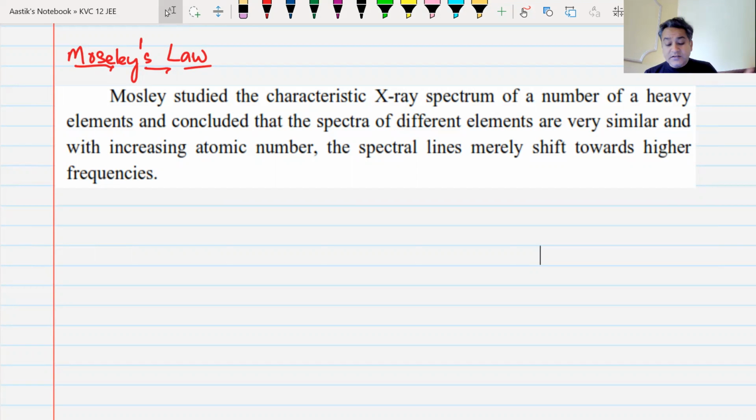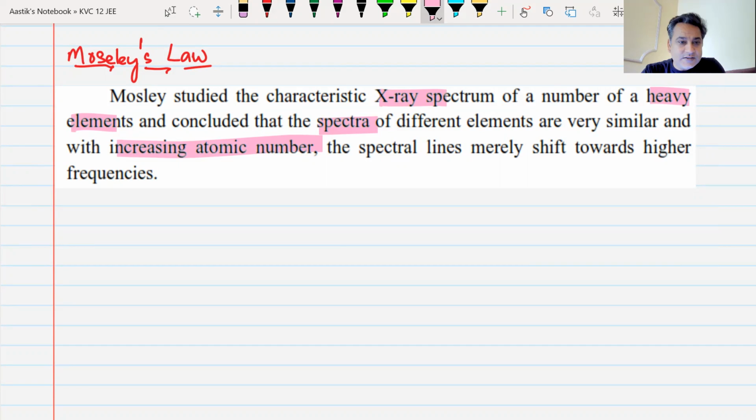He studied the X-ray spectrum of a large number of heavy elements and concluded that the spectra of different elements are very similar, and with increasing atomic number, the frequency increases.